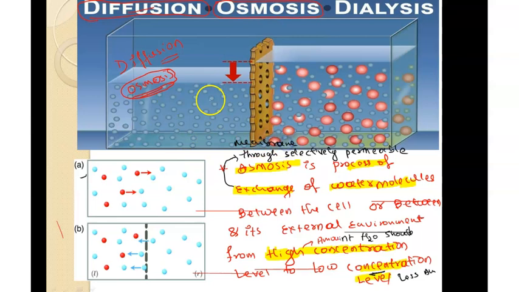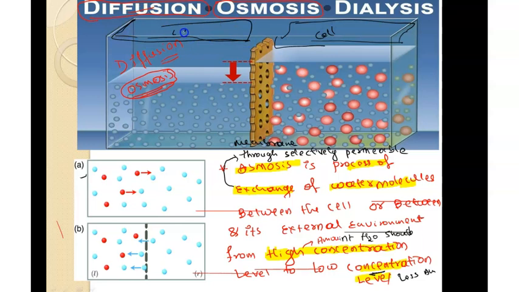You can also call it a semi-permeable membrane. See, this is the situation I have taken. I hope you understood. I have a setup where I have taken two conditions. Let's assume this is cell 1 and this is cell 2.